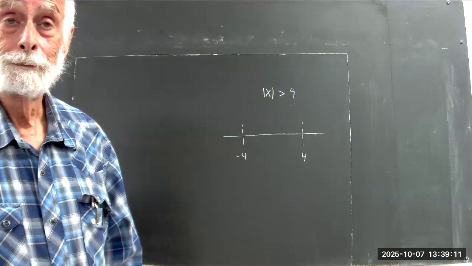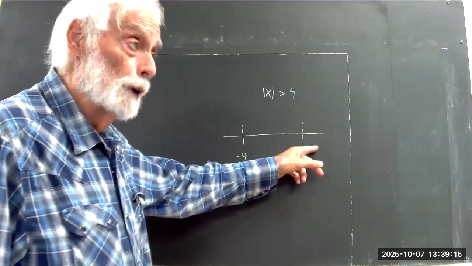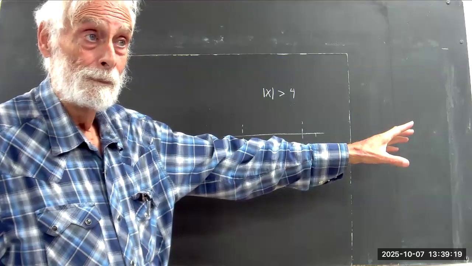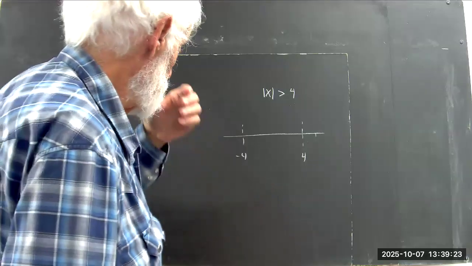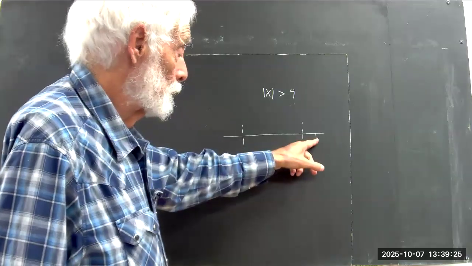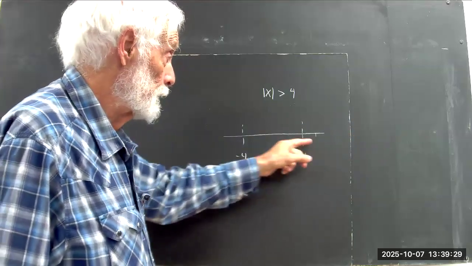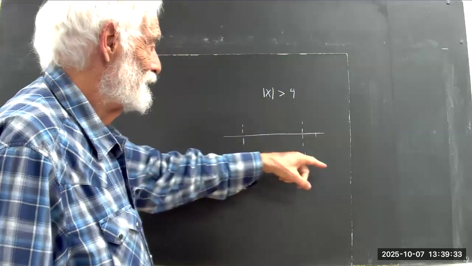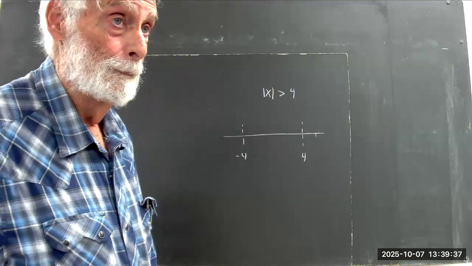Okay, some of you aren't voting. Well, that's greater than 4. Greater than means it's to the right of the number on the number line. The greater numbers go that way. So that number would be in the solution, and any number to the right of 4 would be too, because every number greater than 4 is going to give you an absolute value greater than 4, right?